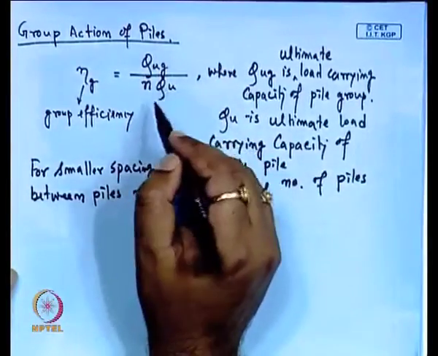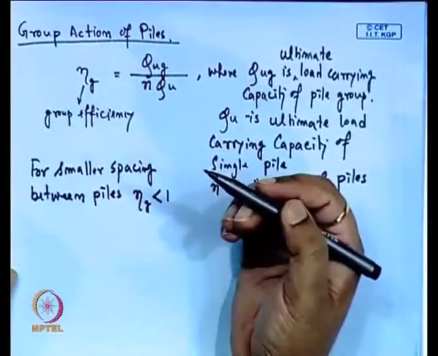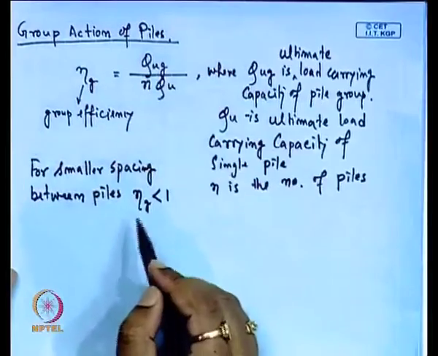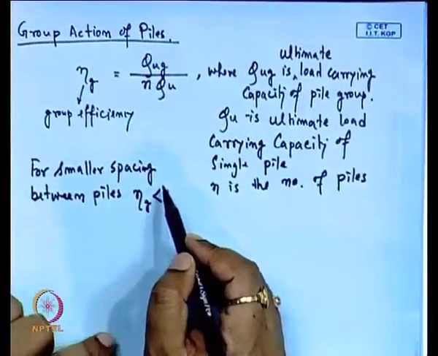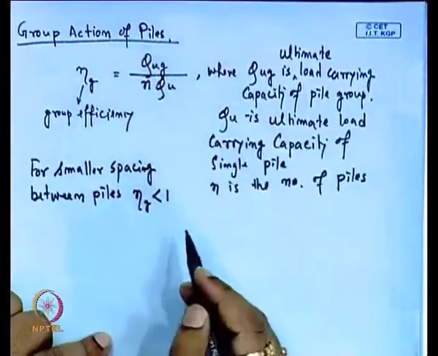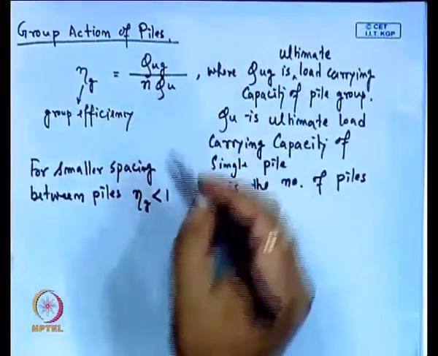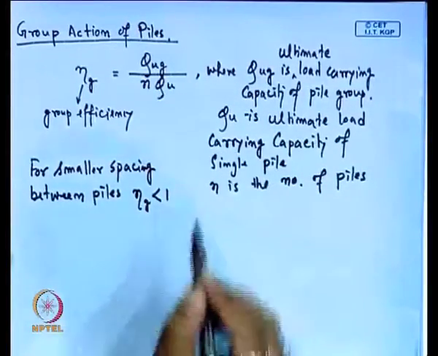If the spacing is very small, this group type of failure will generally occur, and in that case the efficiency is less than 1.